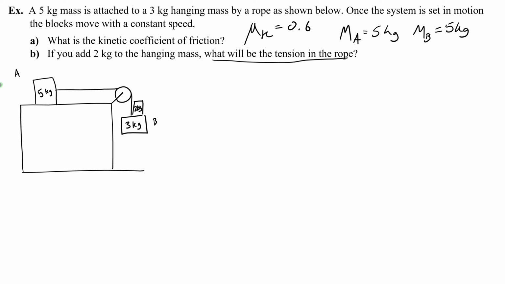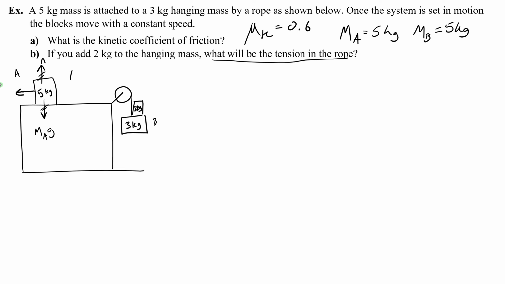So the forces are going to be very similar to what we had before. Let's start with the 5 kilogram block. And you know what, let's do the weight and the normal force first. Obviously, the weight, call this mAg, is still equal to that normal force. But now the tension in the rope, T, is going to be bigger than the force of friction.